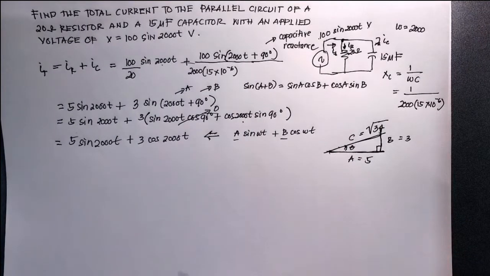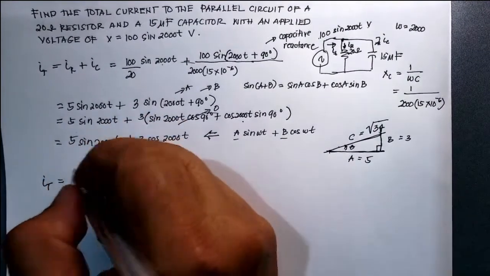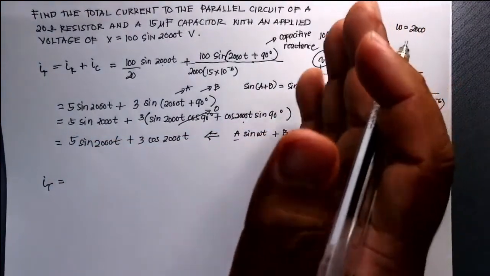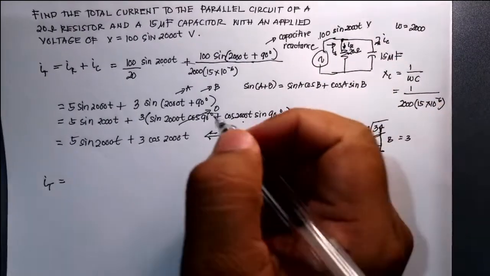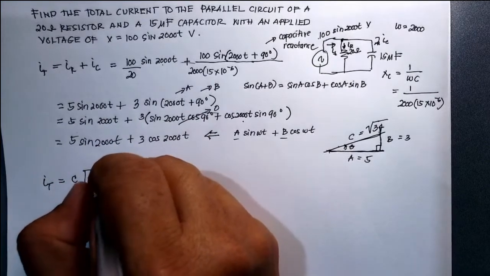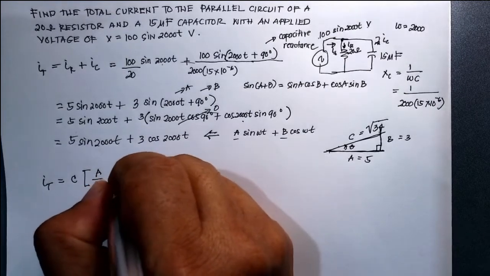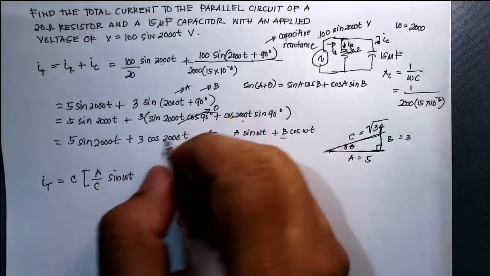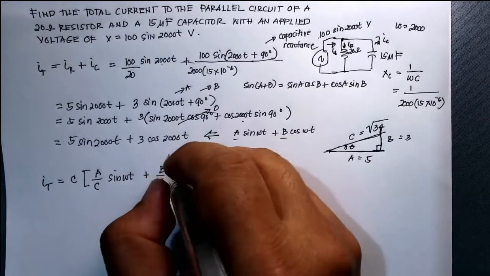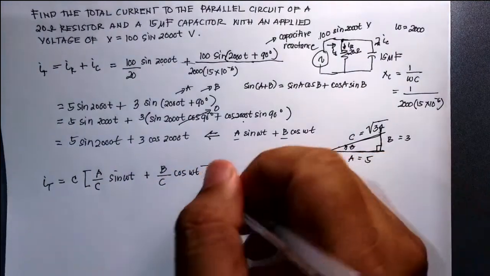Therefore our i(t) can be written also in this form, where we introduce 1, which is equal to C over C. So that is A over C and sine omega t, plus B over C, that is cosine omega t.